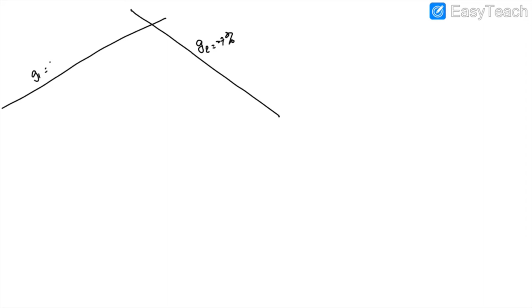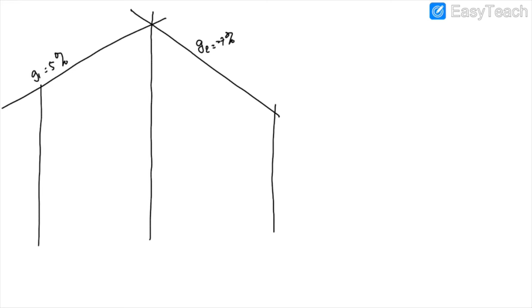So that is your G1, 5%. The length of the curve on the left side was identified as 80 meters, while on the right side as 100 meters.